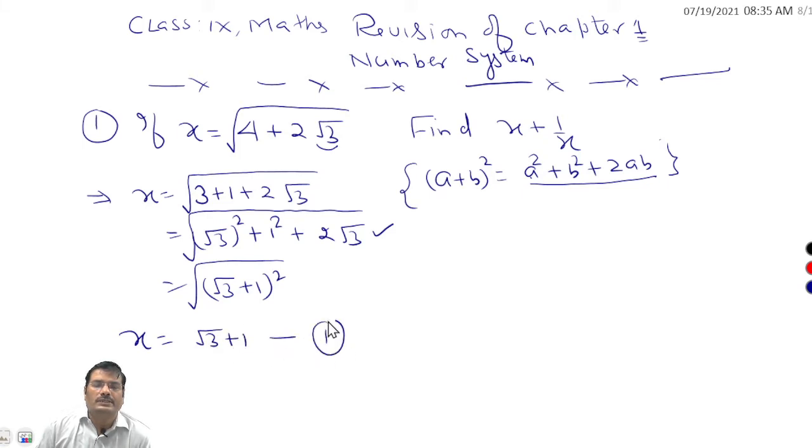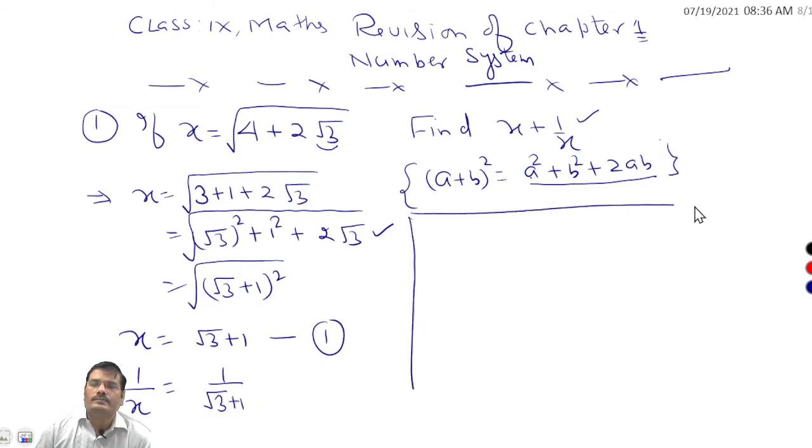Since we have to find the value of x plus 1 upon x, now find 1 upon x. So it is 1 upon under root 3 plus 1. Now to find the value of 1 upon x, we have to rationalize this one. So multiply numerator and denominator by under root 3 minus 1.